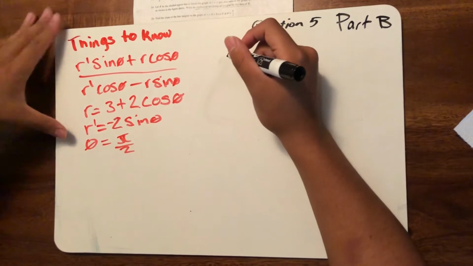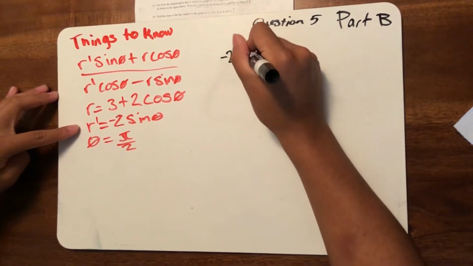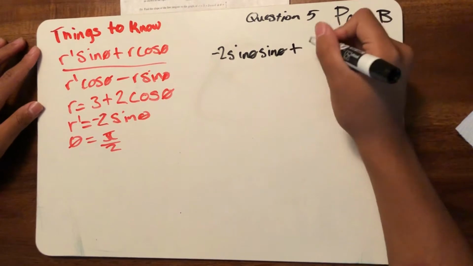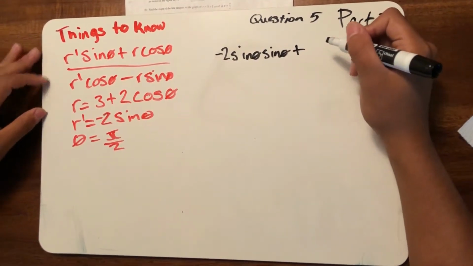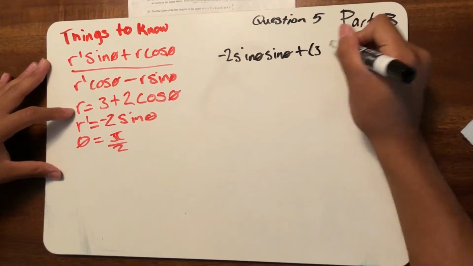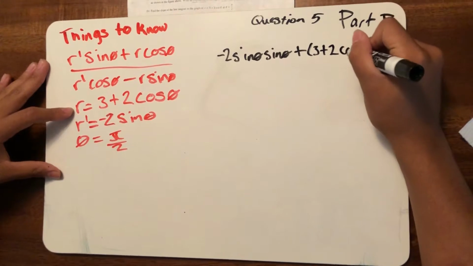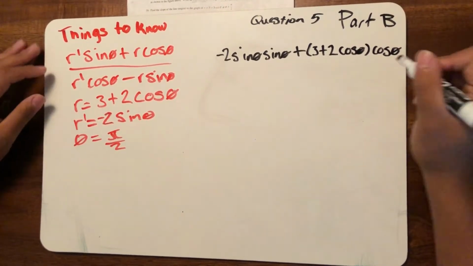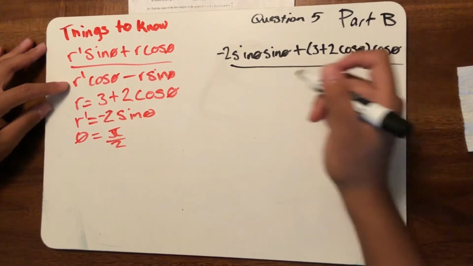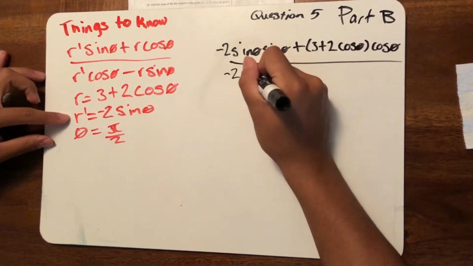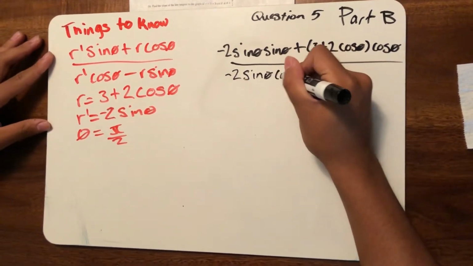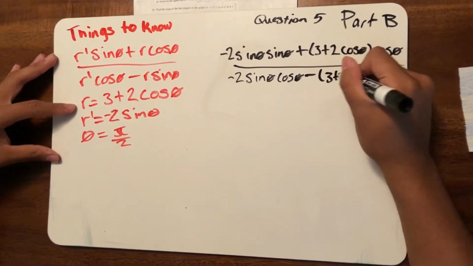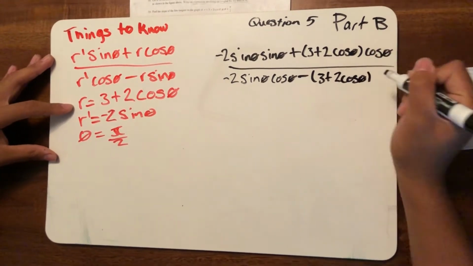So first off, we're going to write r prime. r prime is negative 2 sine theta times sine theta plus r times cosine theta. r equals 3 plus 2 cosine theta, times cosine theta, over r prime, which is again negative 2 sine theta times cosine theta, minus r, which is 3 plus 2 cosine theta, times sine theta.